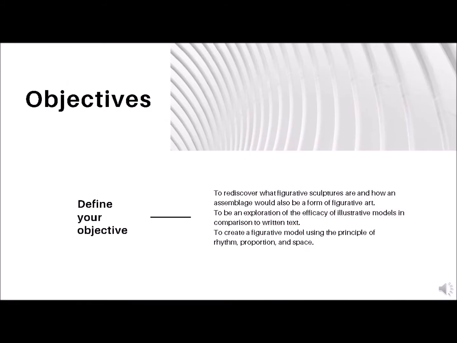Objectives: to discover what figurative sculptures are and how an assemblage should also be a form of figurative art; to be an exploration of the efficacy of illustrative models in comparison to written text and data; to create a figurative model using the principle of rhythm, proportion, and space.